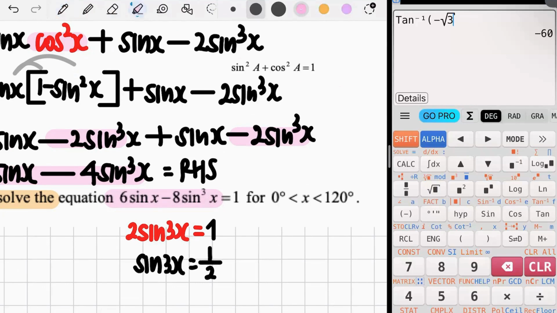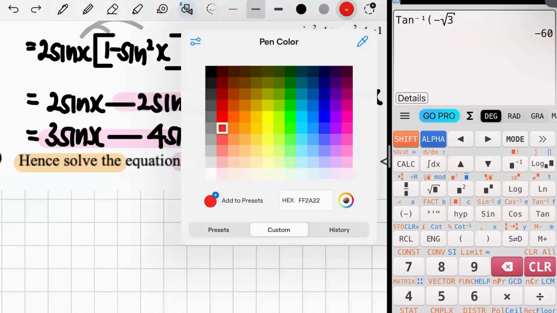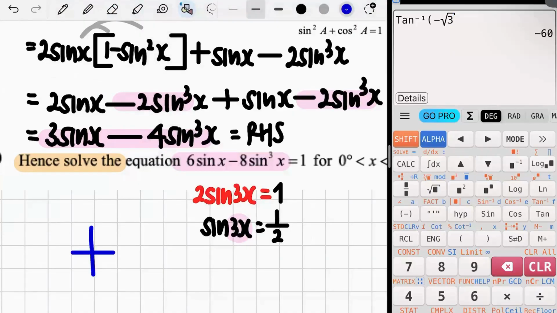Careful, your angle here is 3x. Let's go by our order. Step 1, determine our quadrant. Step 1 is always quadrant ASTC. So what I can see is sine is positive in these two quadrants from here. Second, determine my basic angle.